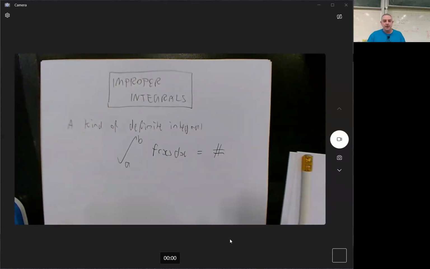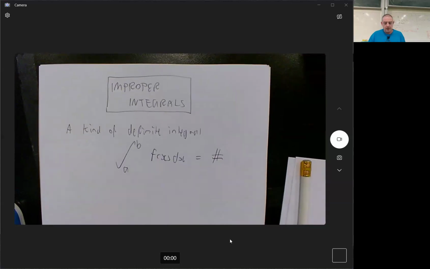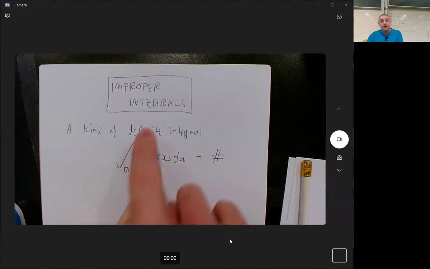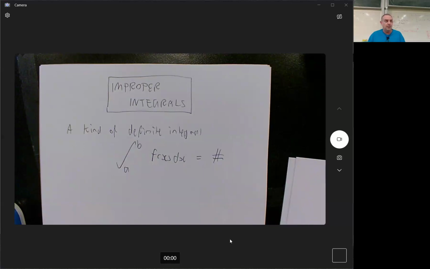And an improper integral, either one of these places isn't a real place, or this function isn't defined at one or both of those places. That's an improper integral.